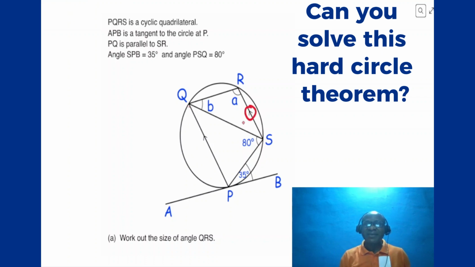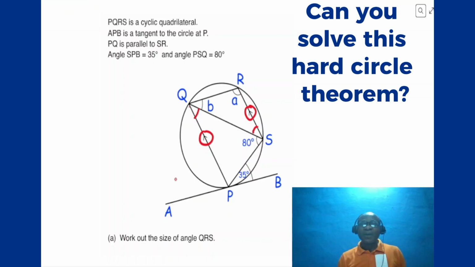Because of this sign here. That is why the two of them are parallel. And because they are parallel, any line that cuts across them is called a transversal line. Therefore, QS is a transversal. And what does it mean? It means that the angle here is equal to the angle here. Are you getting me? Yes, sir.